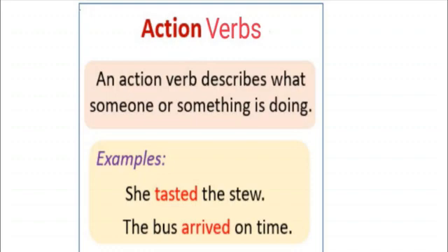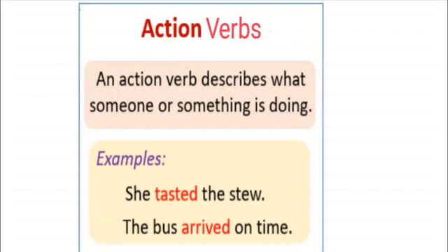Okay, an action verb describes what someone or something is doing. For example, she tasted the stew. What is the girl doing here? She is tasting. So tasted here is the action verb. The next example.